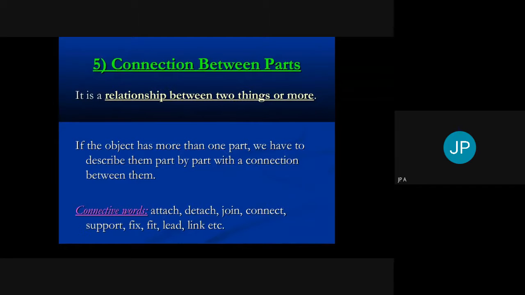So these 3 blades, they are connected to the central motor. So that is connection. How is it? They are fixed to, they are fitted to. We can use such connecting words to describe the connection between the parts of the object that we are describing. So the central motor holds the blades together, or I can say that the blades are fixed to the central motor.